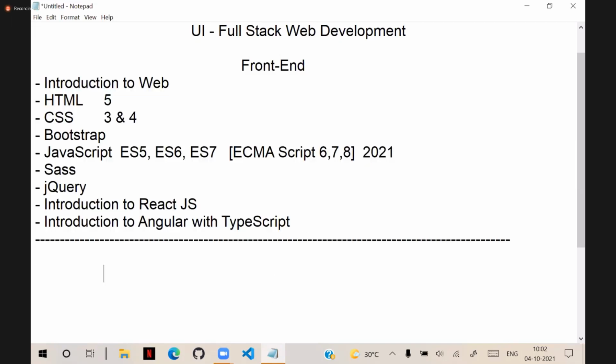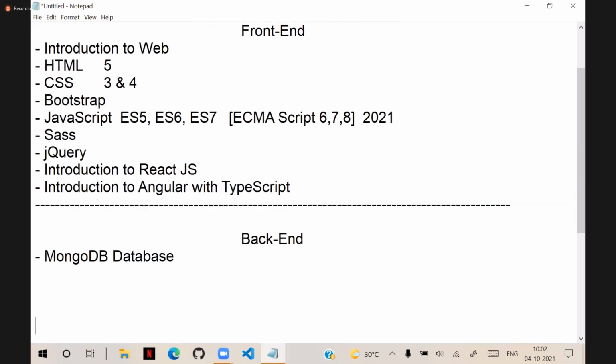Next, in the back end, we will divide this into two. In the back end, you are going to learn the MongoDB database. And we will have an introduction to the MySQL database also, but our main concentration will be one database, that database will be MongoDB.